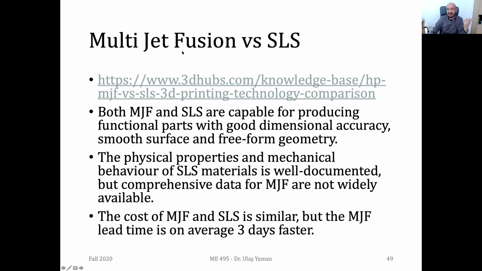But in the binder jet, once you get your product out of the printer, you need to do further sintering, sometimes further infiltration processes. In multi-jet fusion, you simply take your part and use it. This is the main difference. And this difference actually is just due to the chemistry inside the agents, the binding agents.